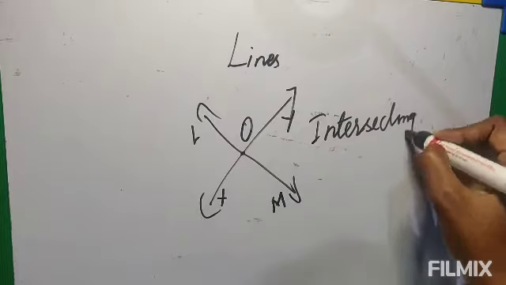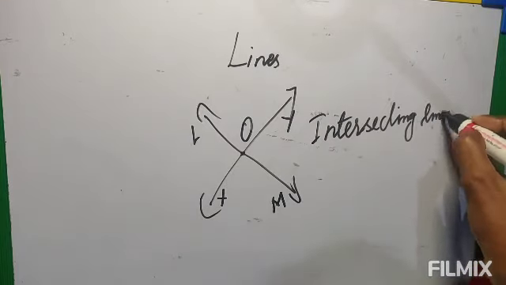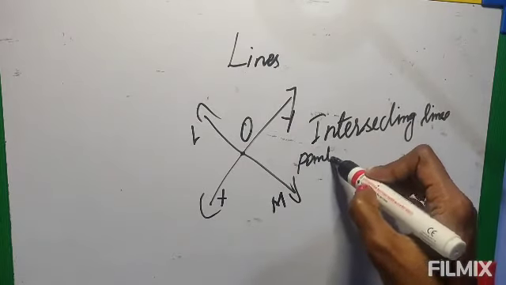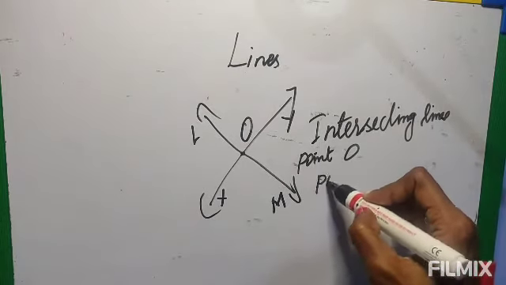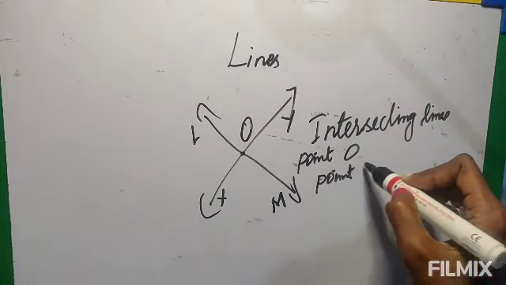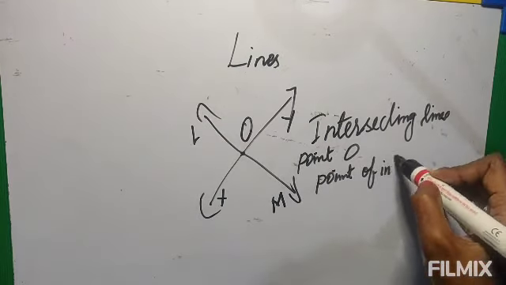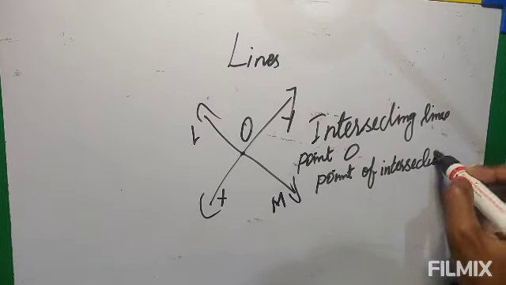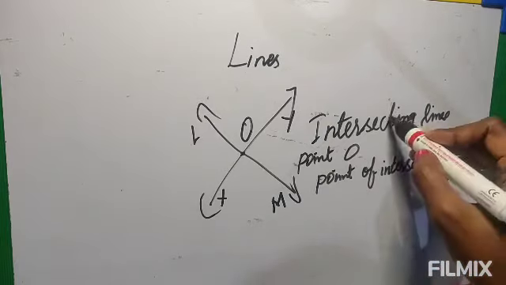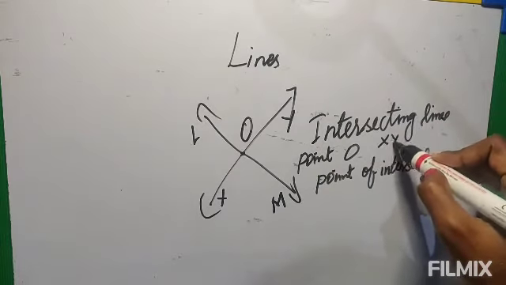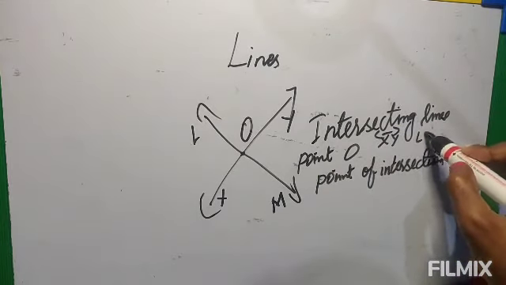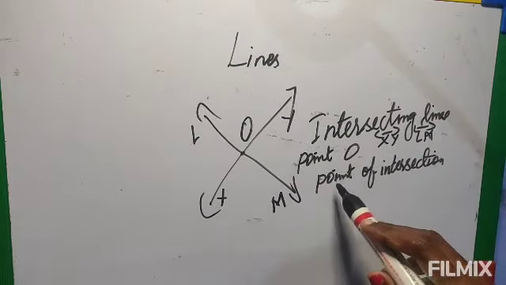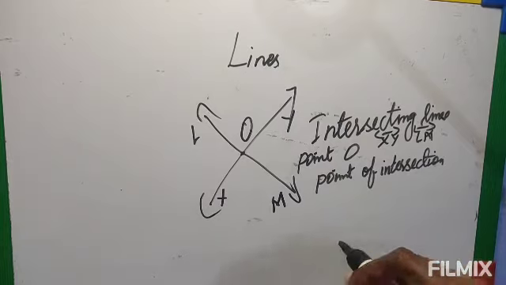And the point O is called the point of intersection. So the point where they are meeting is called the point of intersection. So the intersecting lines here are XY and LM, and point O is the point of intersection.